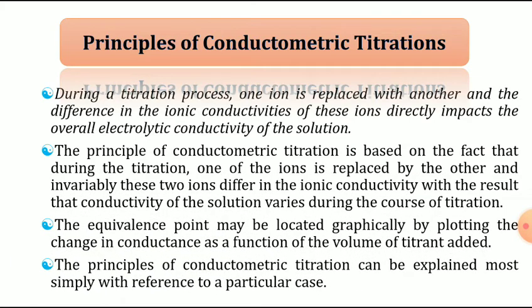The principles of conductometric titrations can be explained most simply with reference to a particular case. Suppose we consider as an example the titration of a very dilute solution of HCl with a solution of NaOH. That means in this titration we are taking dilute hydrochloric acid in the conical flask or beaker, and NaOH we are going to fill into the burette.